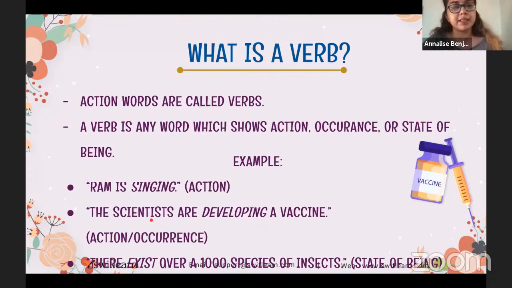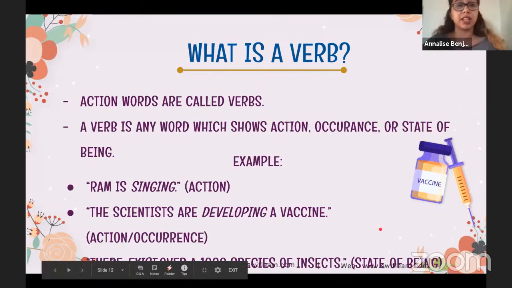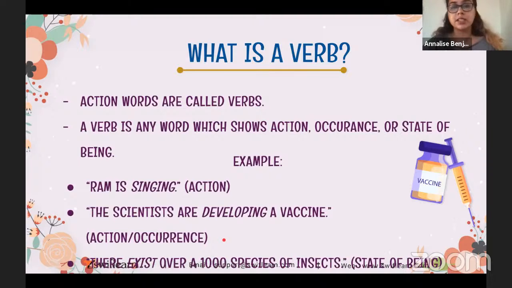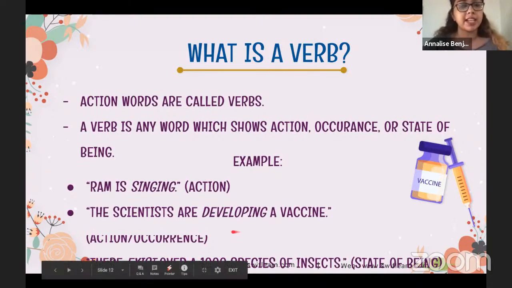Look at our examples. Ram is singing. In this sentence, we know what the action is. The action is singing, right? Scientists are developing a vaccine. Now, for the last few months, this is all we've been talking about because everybody requires a vaccine during this time. So this sentence is very relatable. We all understand it.